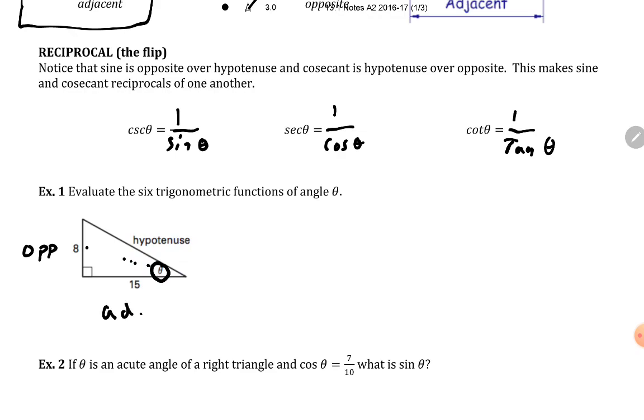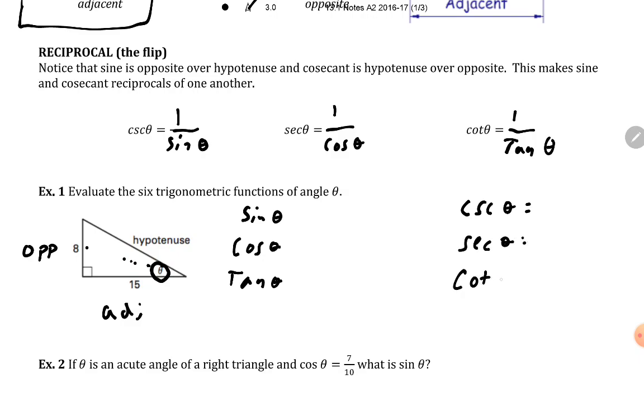And then we have the adjacent side. So they want us to find sine of theta, cosine of theta, tangent of theta, cosecant of theta, secant of theta, and cotangent of theta.